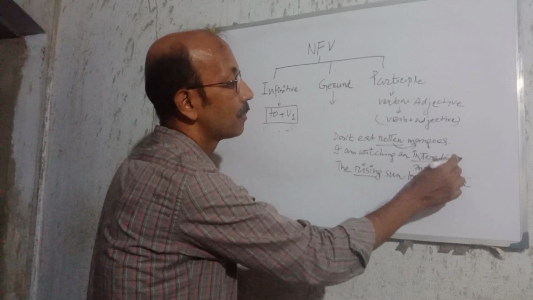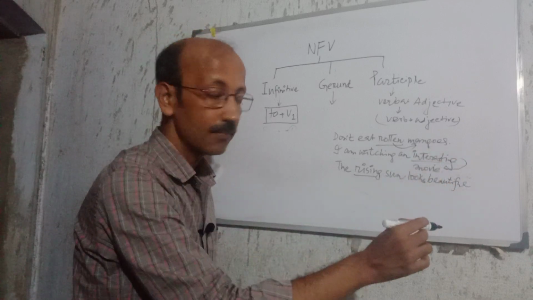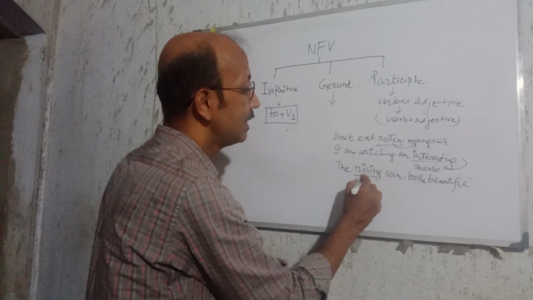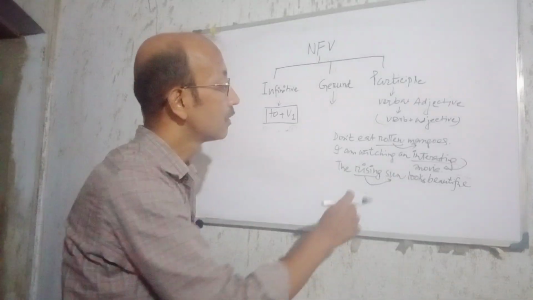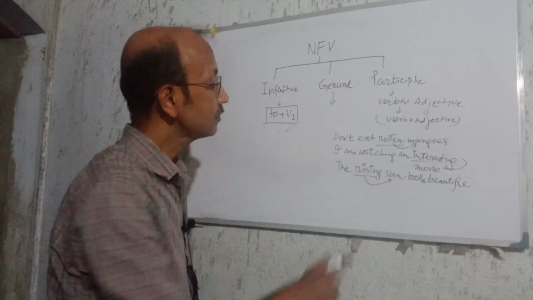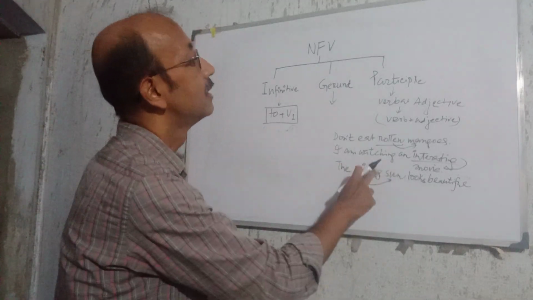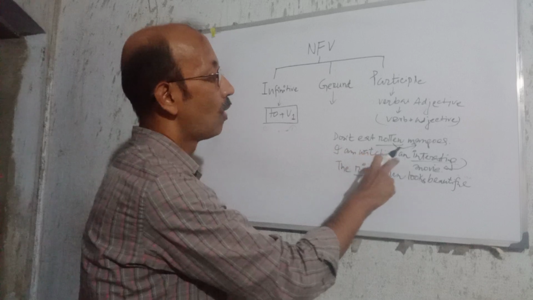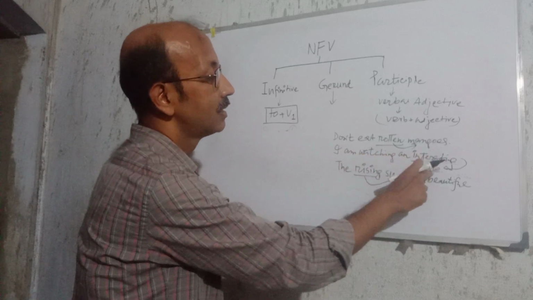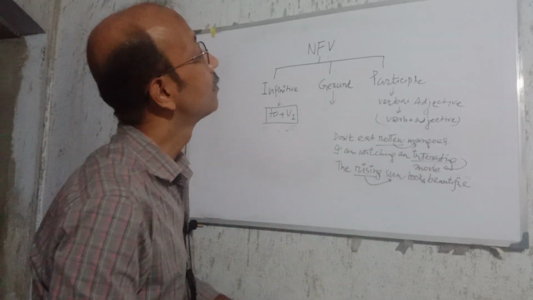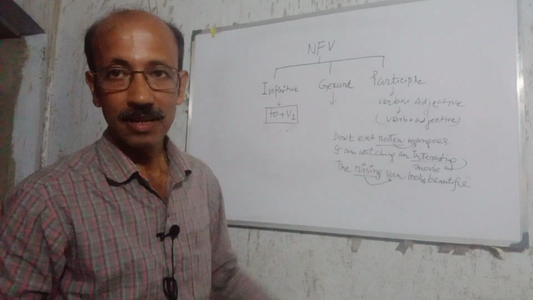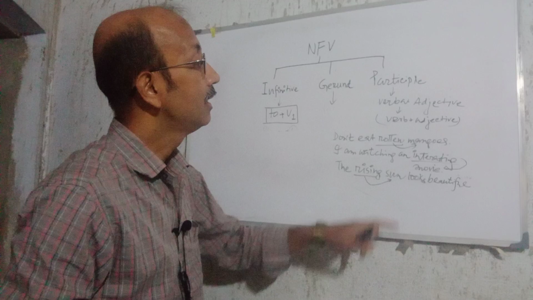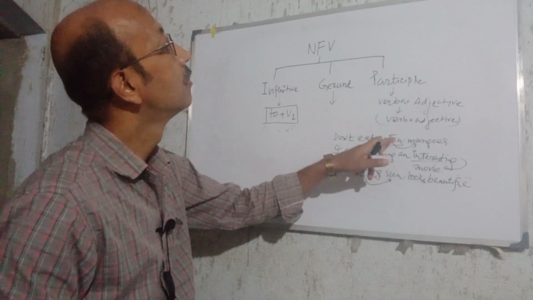Interesting says about movie, and rising says about sun. The rising sun is an example of participle.